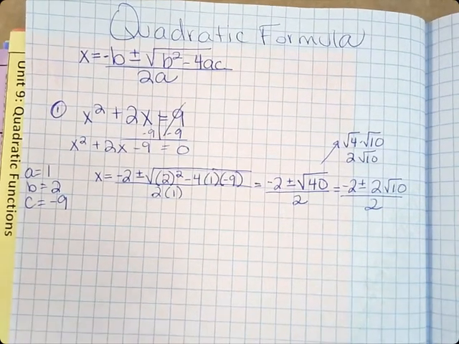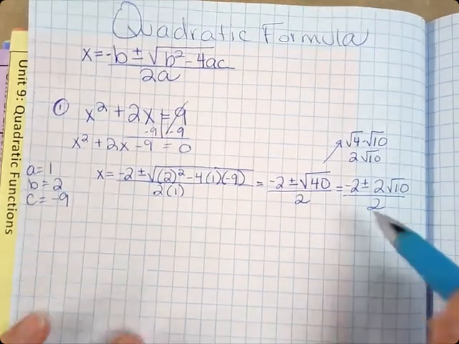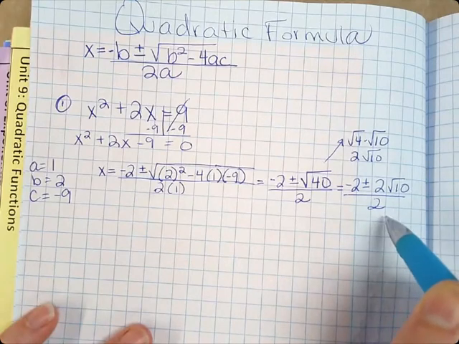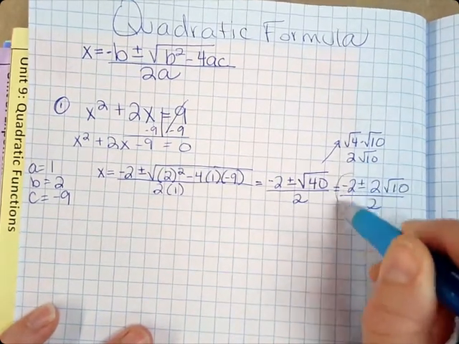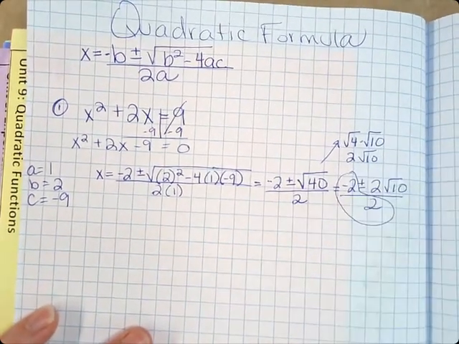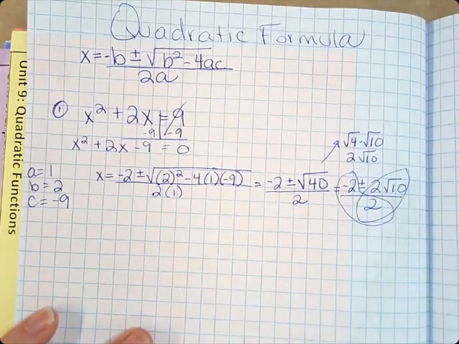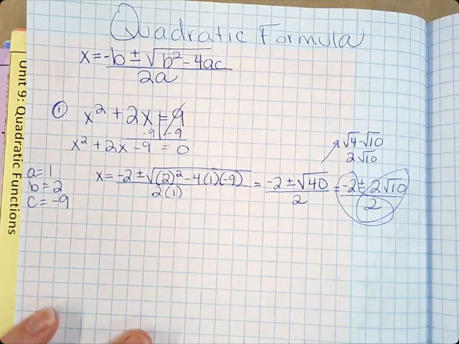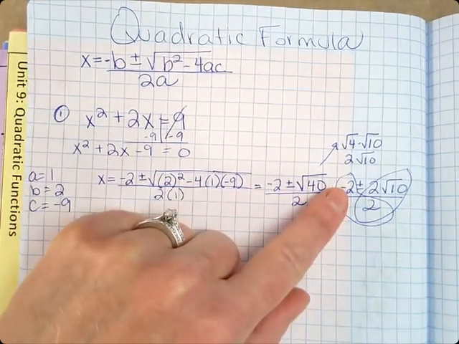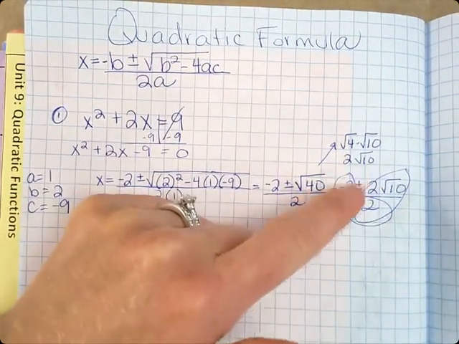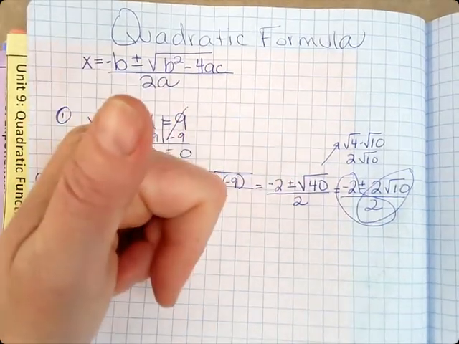Then the last thing would be to simplify. Because we have this common denominator, we would simplify those two terms and then simplify these two terms separately. But you'd want to do them with the same digit. All of these numbers are 2, which means we can divide each one of them by 2.